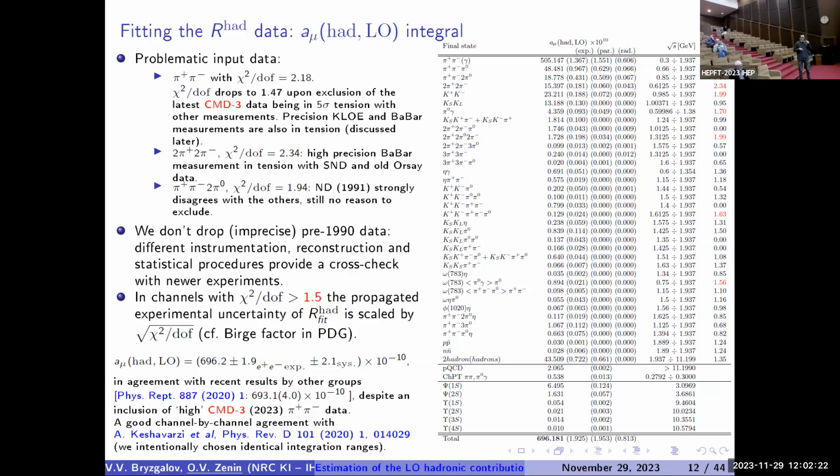And moreover, we have good agreement with a relatively recent publication. I give a reference here. To facilitate the comparison with other publications, we choose the same integration ranges as they did. In principle, the result is quite stable with respect to variations of the center of mass energy ranges.